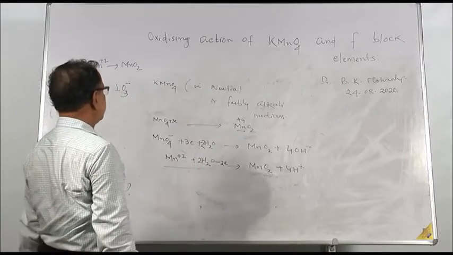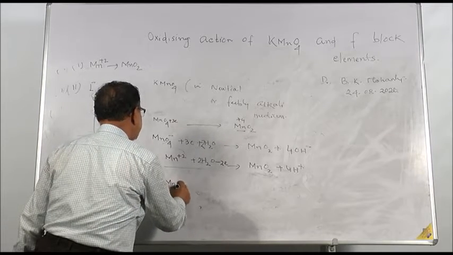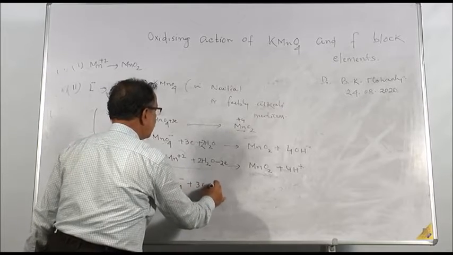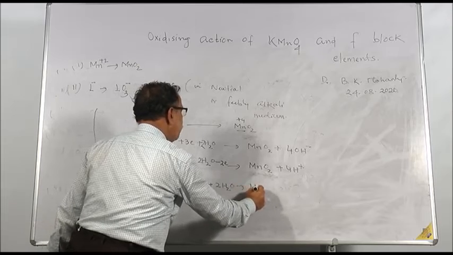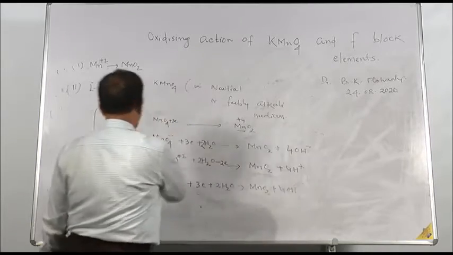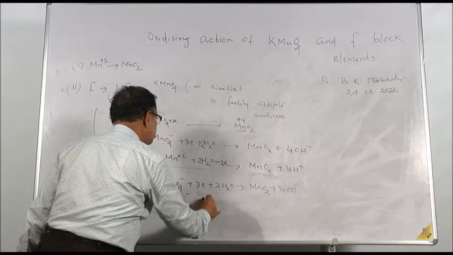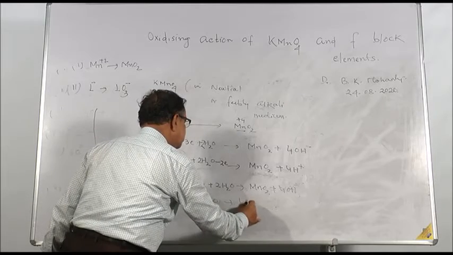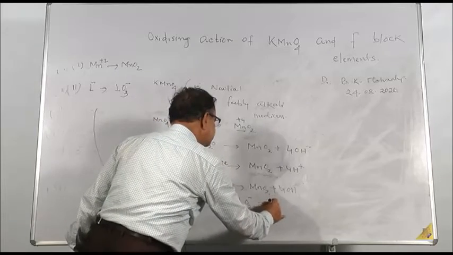Similarly, first write down MnO4 minus plus 3e plus 2H2O, it forms MnO2 plus 4OH minus. Then I minus plus 3H2O forms IO3 minus plus 6H plus.